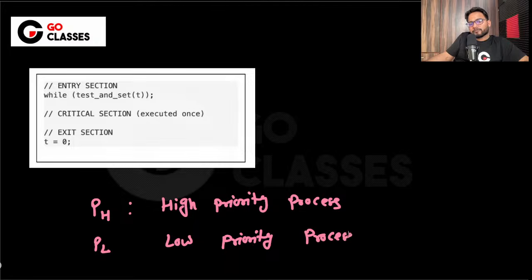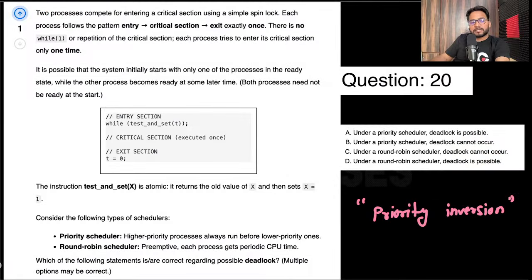Now, if you have these two processes and this critical section, will you get into a deadlock or not? Let's suppose you have two schedulers also. One is the priority scheduler and another one is the round robin scheduler. There are two schedulers which are possible. With which scheduler is the deadlock possible? That's what they are eventually asking.